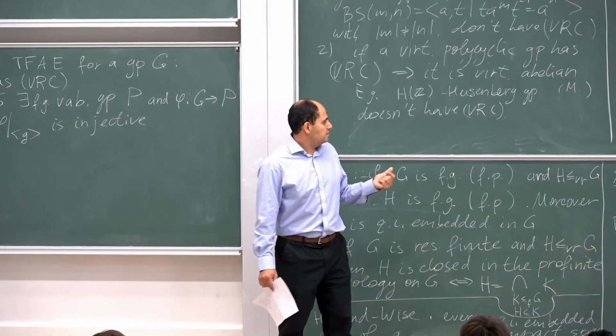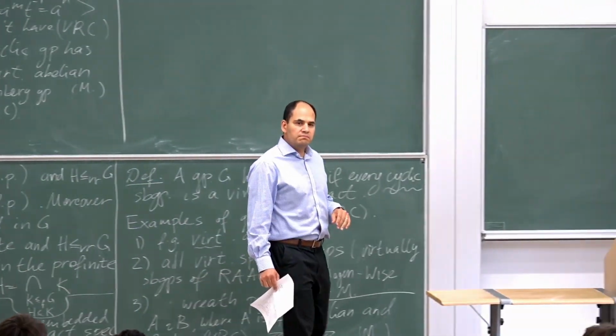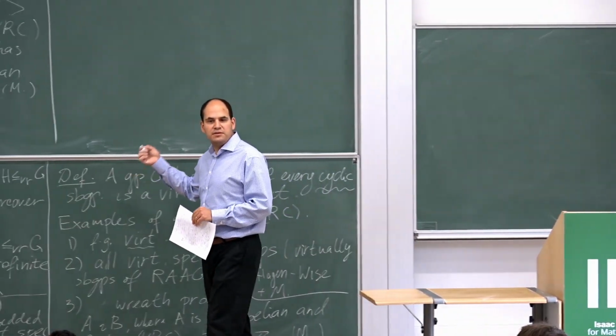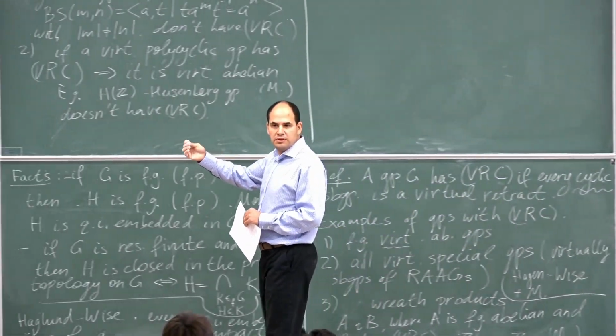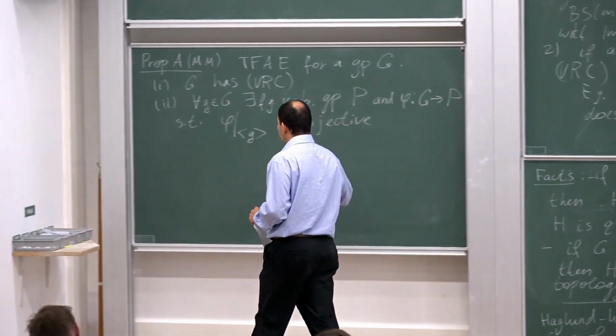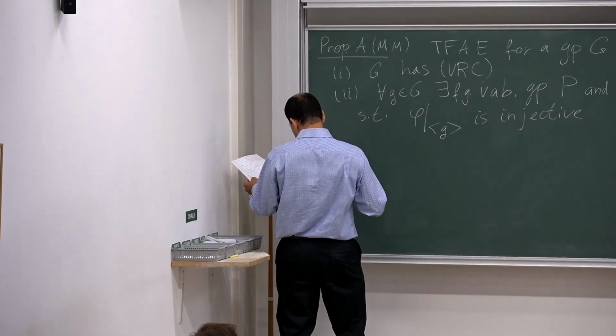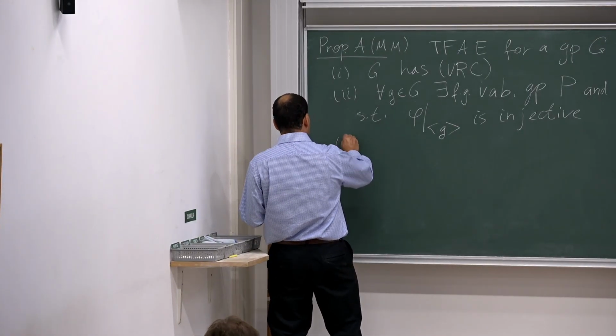To cyclic groups. But this can alternatively be said by looking at homomorphisms from the whole group to virtually abelian groups. It's equivalent, right? And this is a useful point of view. Okay, there's a third item here.